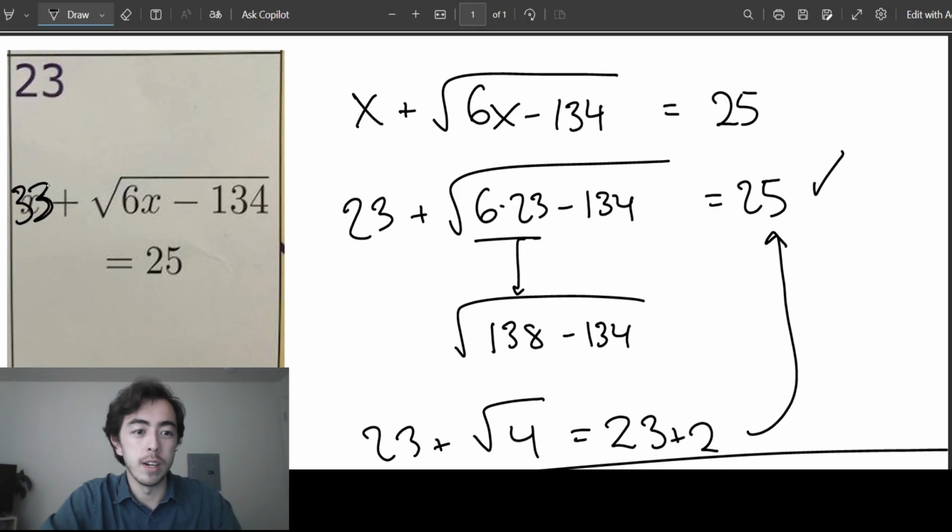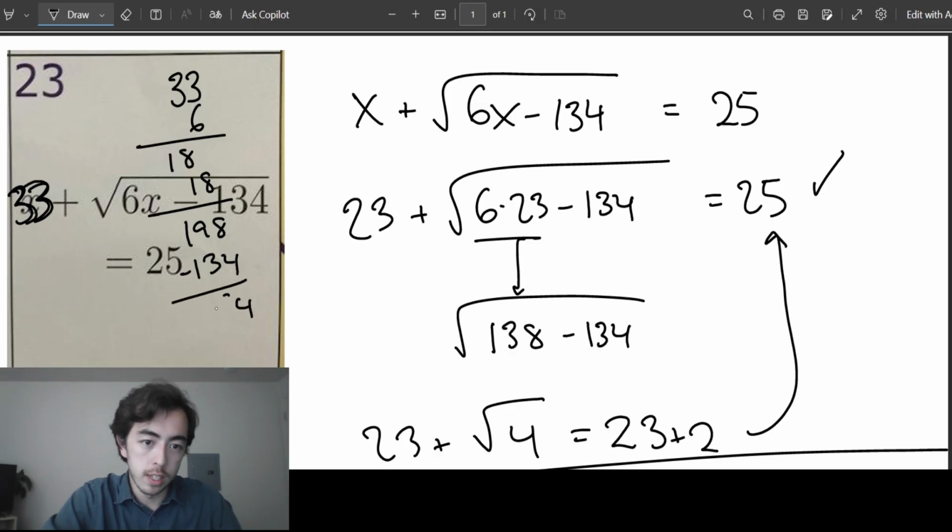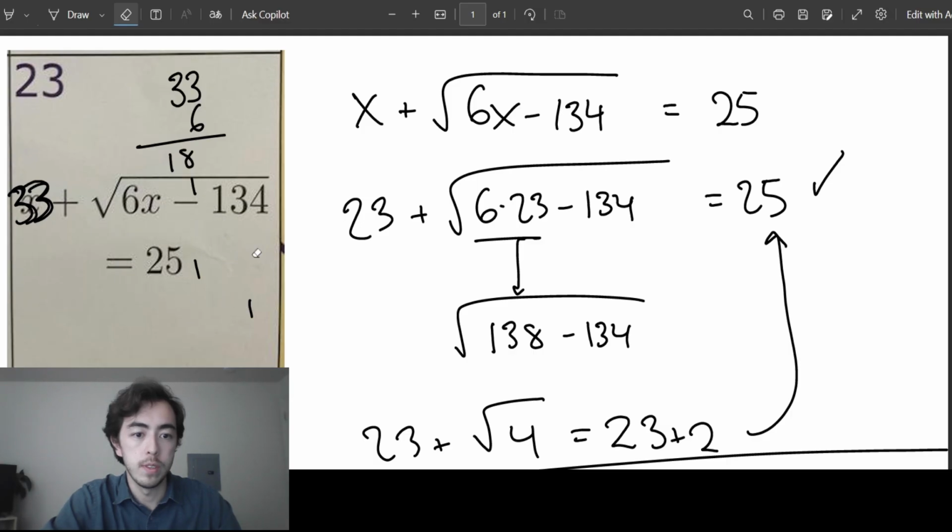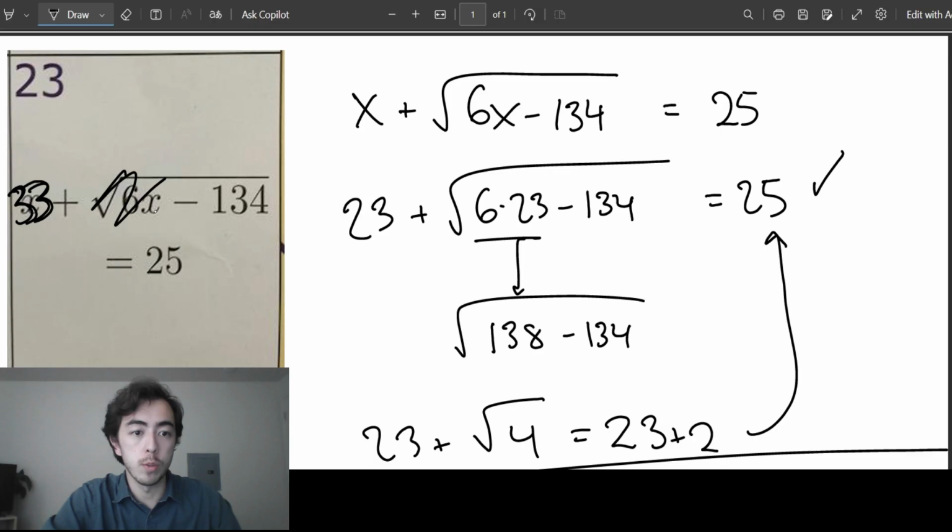We might see something silly come up here. So 33 plus, and then 6 times 33, that's going to be 180 plus 18, so 198. We're going to subtract that 134, and so we'd end up getting 64. So plugging in the 33 gives us the square root of 64 right here, which is just the number 8.